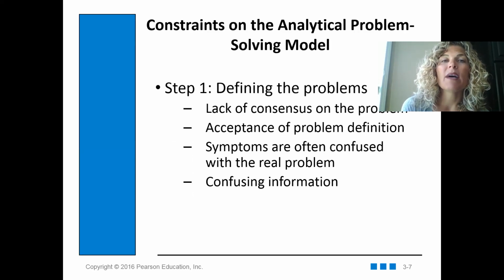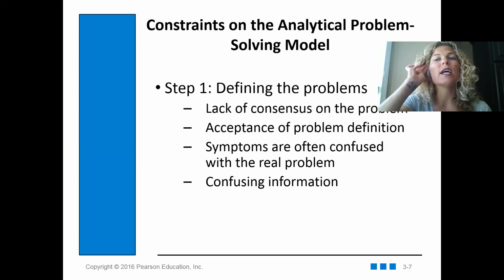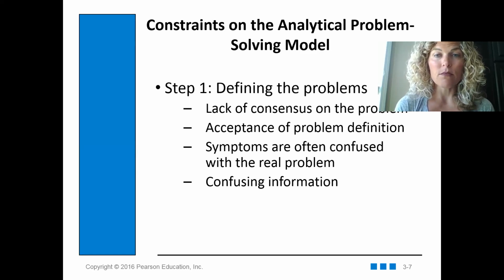Some constraints that you might fall into or see at each step, I'll go through these quickly here. So when you're defining the problem, some of the bigger challenges at this stage is the lack of consensus. You're working in a group, so it might be hard to get everyone on the same page with what you think the problem is.